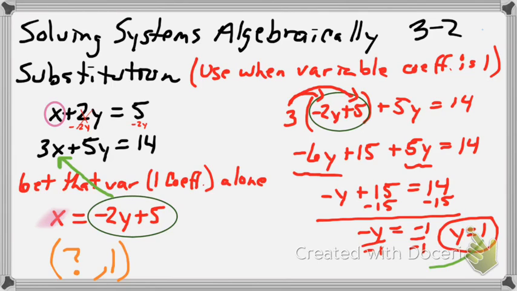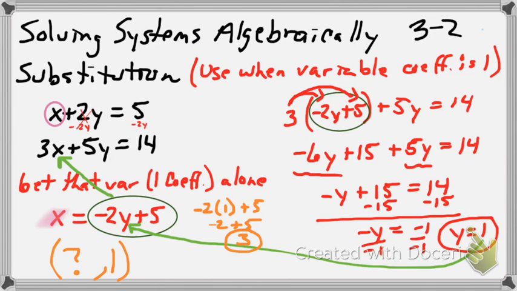You put the 1 in the bubble. If you put the 1 that you have found back into that bubble that you circled, that will tell you the x. So you put the 1 in, and we get an x value of 3.